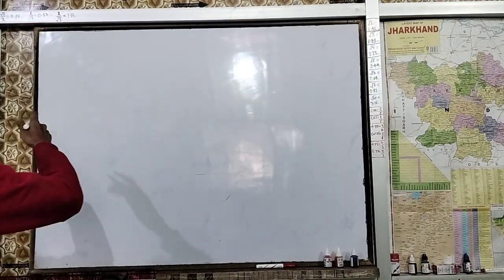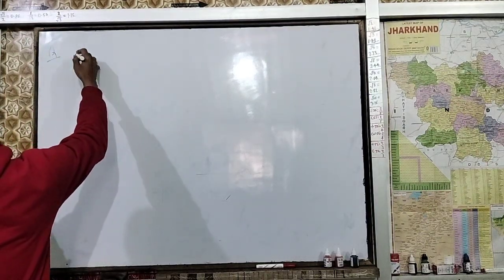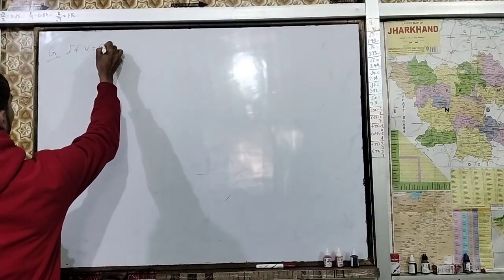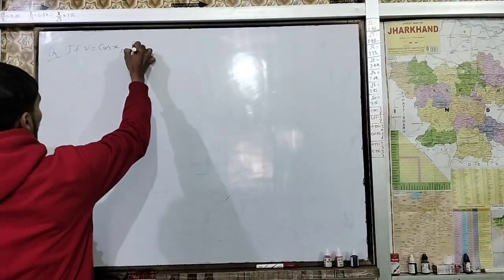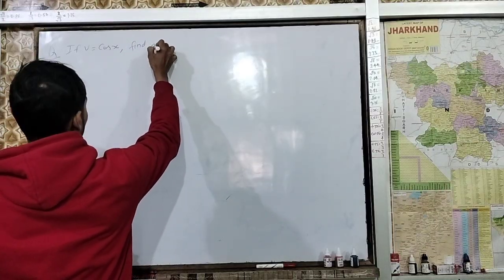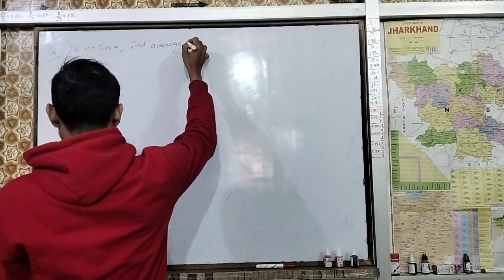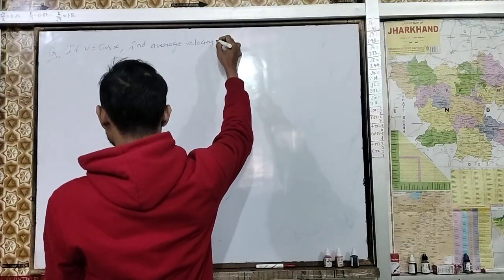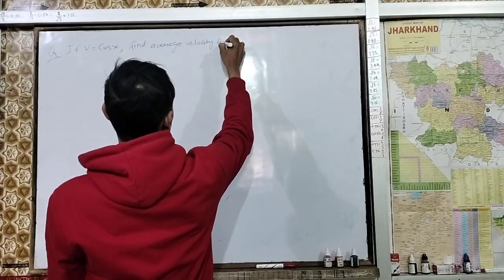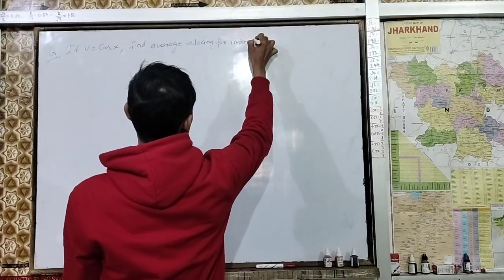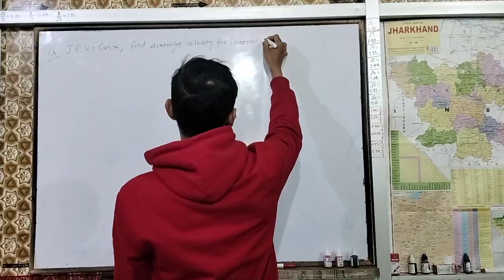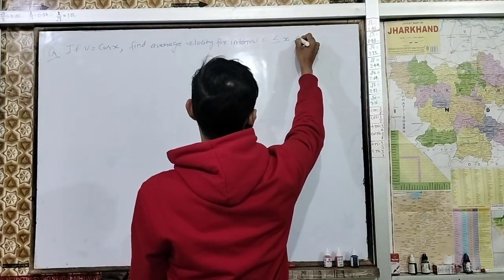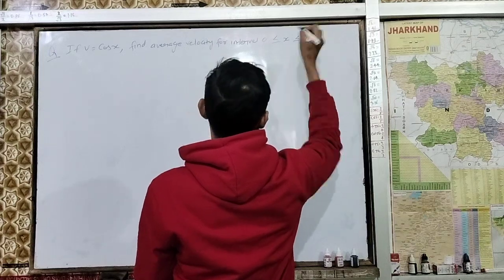Now the next question is: if v is equal to cos x, find the average velocity for the interval 0 to pi upon 2.